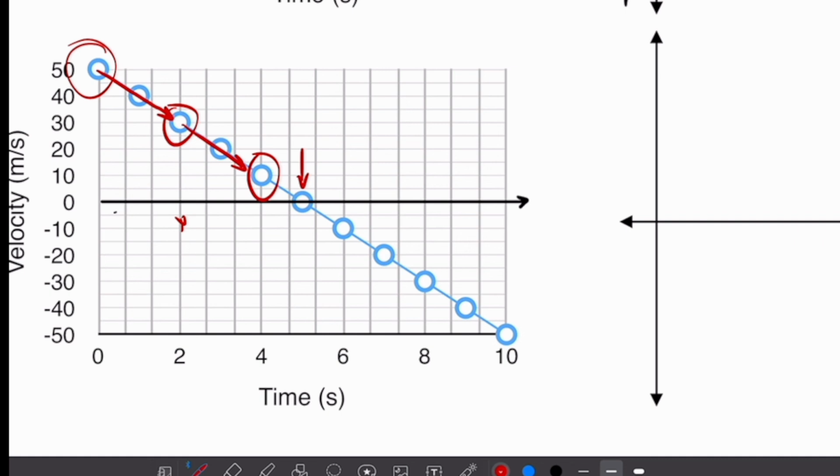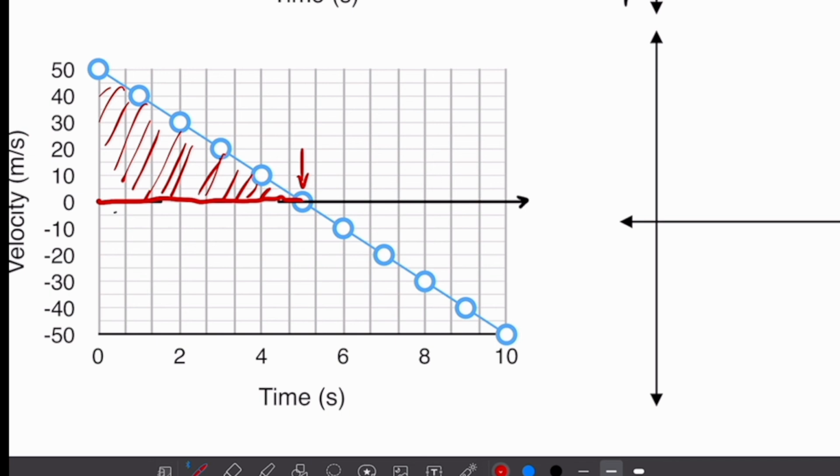Now, nothing is different from what I said earlier. What I mean by that is there is still an area here. And because there's still an area here, I can figure out what the displacement is.